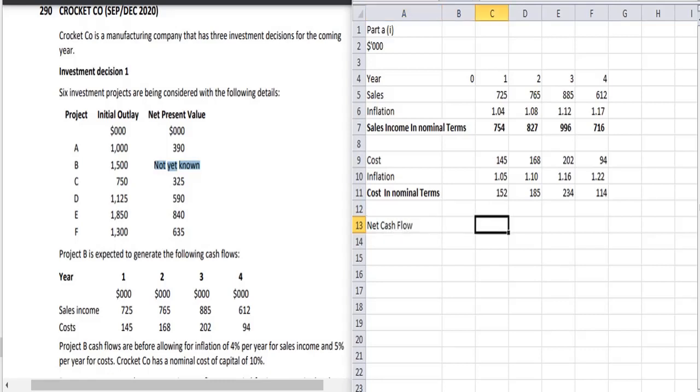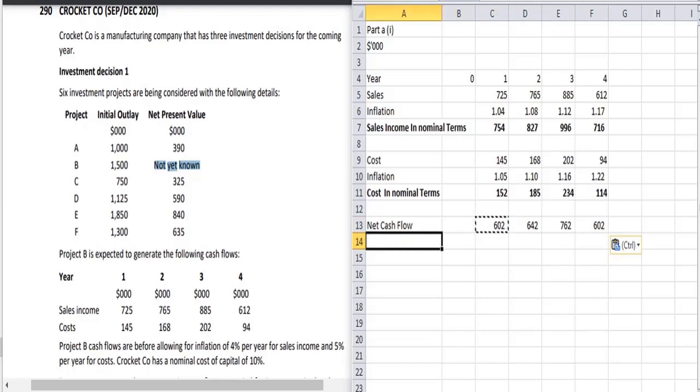Let me make this bold. You can do this in a separate working, or you can show it in the front, no issue at all, it's your choice. So this minus this, we will get the net cash flow. Copy. Okay, we got it.